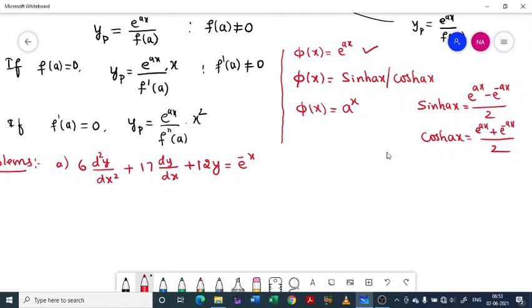If the function is of the form a power x, it can be written as e power log a power x, that is e power log a into x. Now you can treat log a as capital A, so this takes the form e power Ax. Now as usual you can proceed. Again it is of exponential form. So these are the different types of functions covered under type 1.